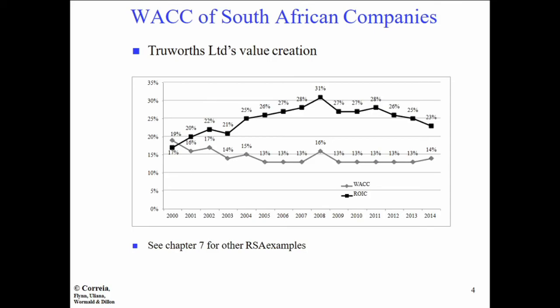But if we look at the overall difference between the return on invested capital and the weighted average cost of capital, it is positive. And it shows that management is obviously deriving a positive value for shareholders. If you want to look at more examples like this, in your textbook there's a nice example on Sasol.